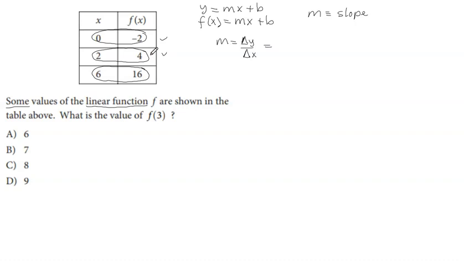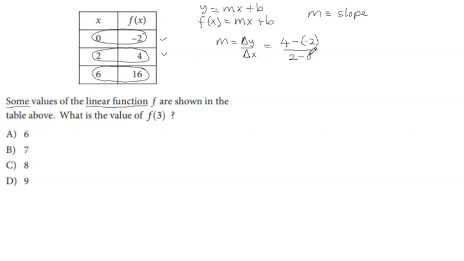So we're going to subtract this first coordinate from the second coordinate. I pick the y coordinate here, 4 minus, because there's a minus here, let me protect it, over 2 minus 0.